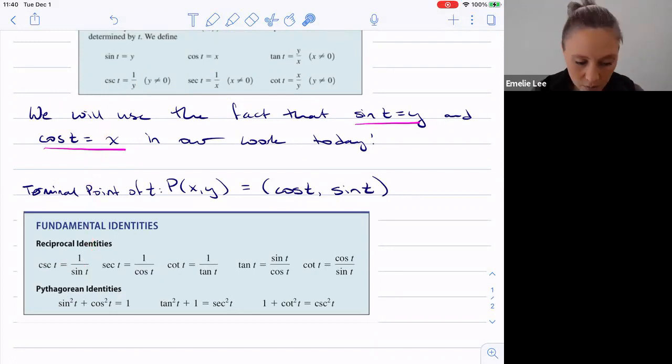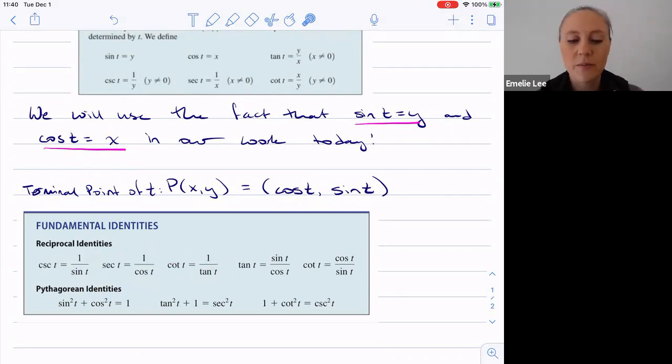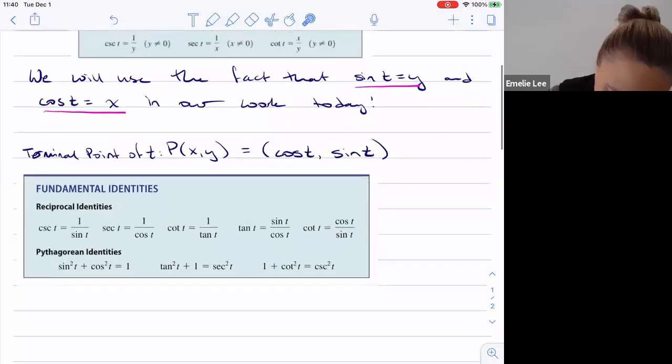So we've got these reciprocal identities, and these first 3, these are the ones we use to be able to calculate them on our calculator, right? Remember, our calculator only has sine and cosine and tangent buttons, so they often don't have cosecant, secant, and cotangent.